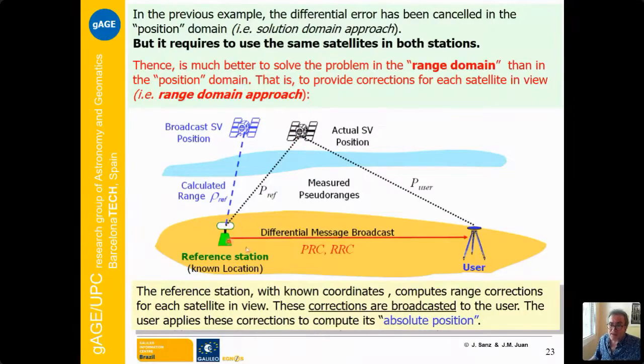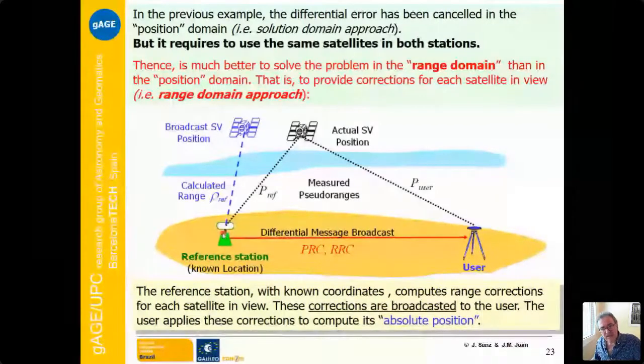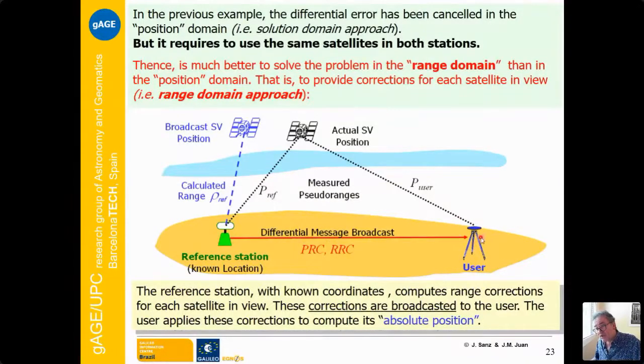The reference station can compute the satellite corrections for all satellites in view and send these corrections to the user. And the user can apply these corrections in order to remove the signal in space error and improve positioning. But this is the range domain approach. We compute corrections for each satellite in view.